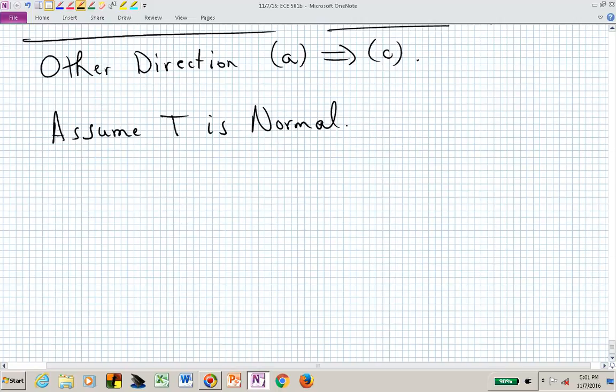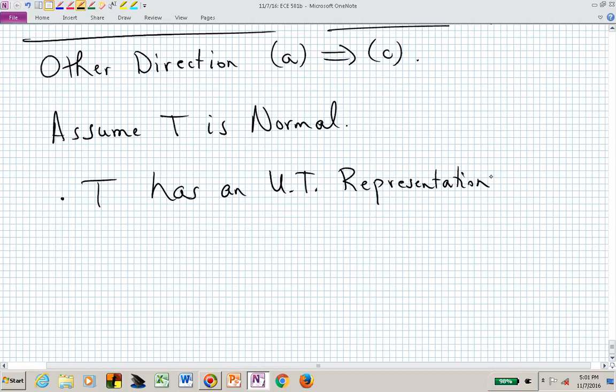If the operator T is normal, then we know that T actually has an upper triangular representation. In fact, that's true for any operator since we're on a complex vector space. So that statement is not really saying too much or assuming much.